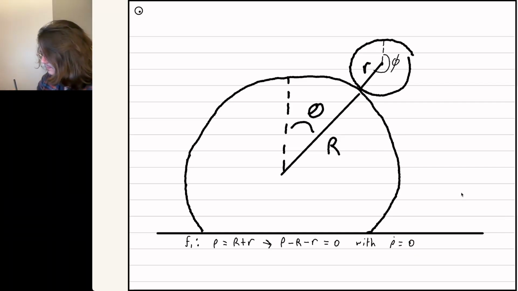Okay. Next equation of constraint, F2. It's given that the hoop is rolling without slipping.